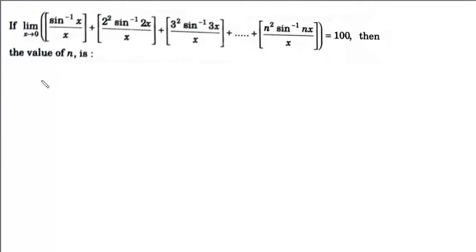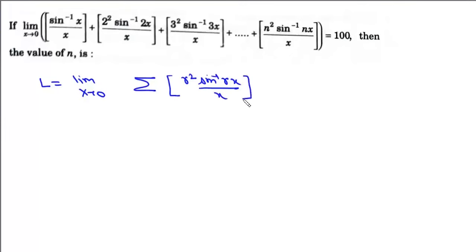Now here the question is, we need to solve this limit, which is limit x tends to 0, and then this summation, greatest integer function of r square sin inverse rx upon x, where r varies from 1 to n.